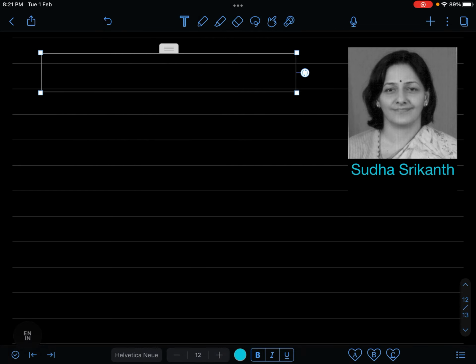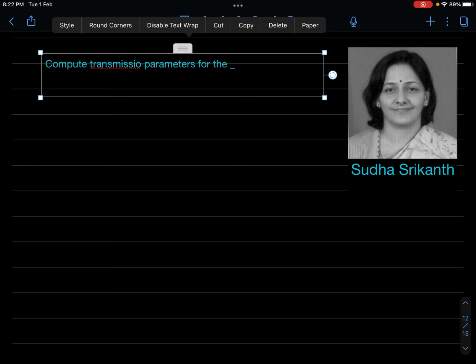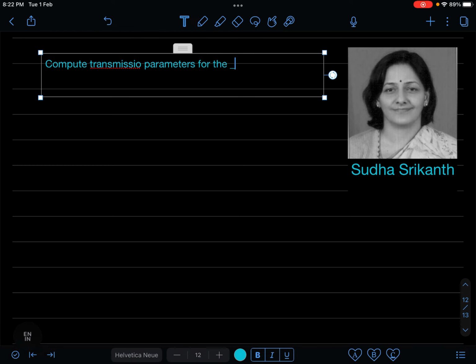It goes this way: compute transmission parameters for the given network.